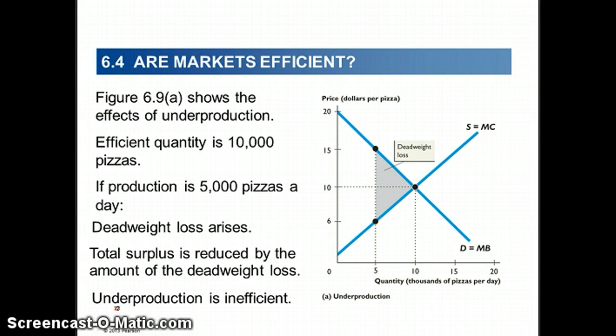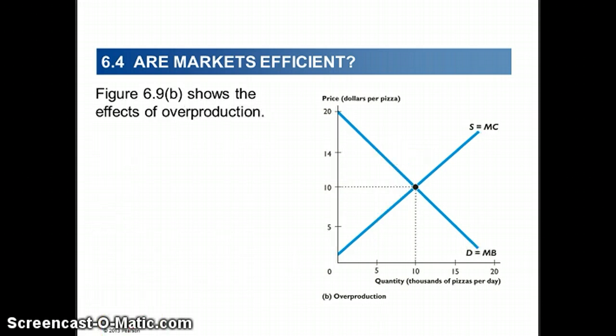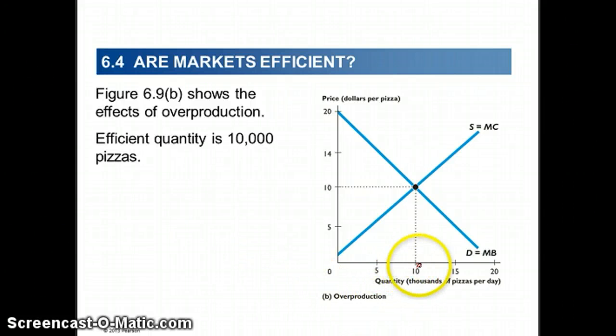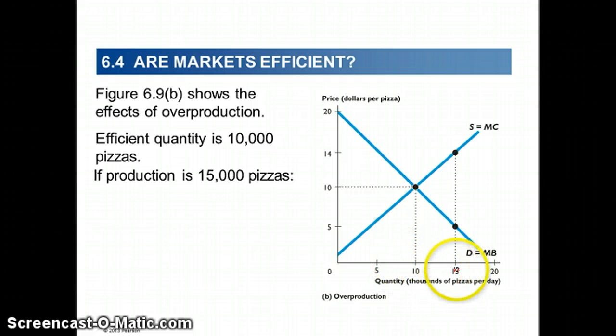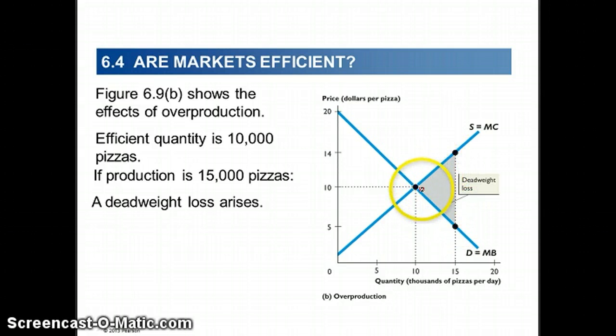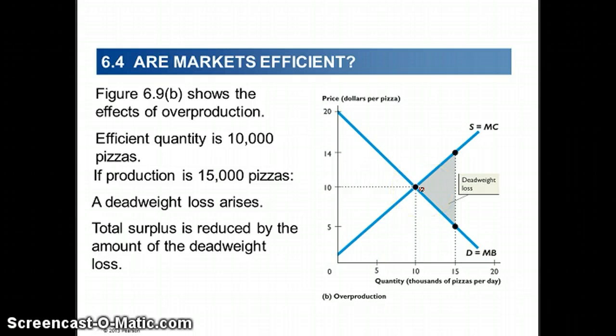If this happens, underproduction leads to inefficiency. Overproduction is the other side. So 10,000 pizzas is the equilibrium quantity, and I'm producing 15,000. A deadweight loss arises, and total surplus is reduced, and that's another inefficiency.